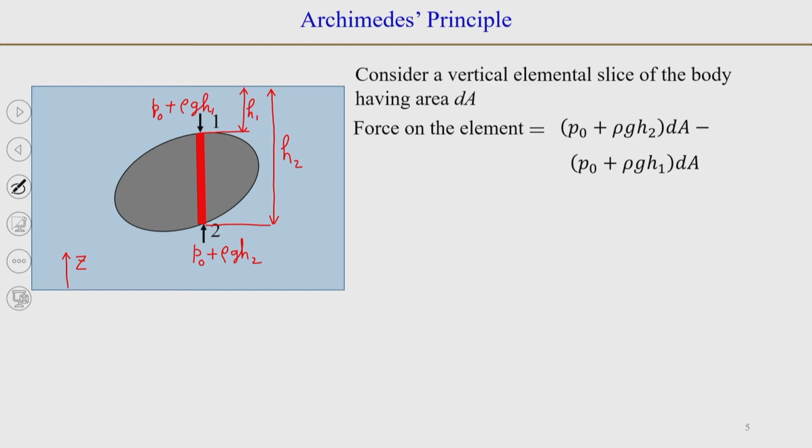So, the net force on this will be, P naught will cancel out because the area is the same. So, what you have is rho g (h 2 minus h 1) dA, and that will be acting upward.